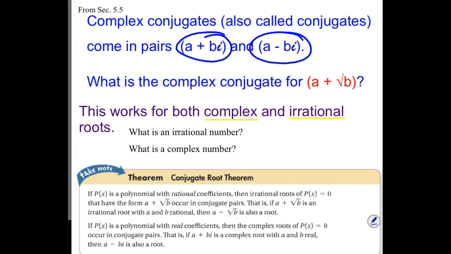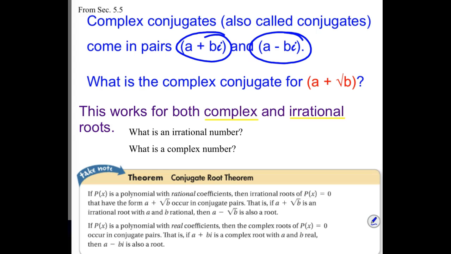They have to occur as conjugate pairs. Now, that doesn't mean if 5 is a 0, then -5 has to be. Those are not complex numbers. That's just a nice real integer value. But for complex ones where we've got that imaginary piece to it, they have to occur in pairs.